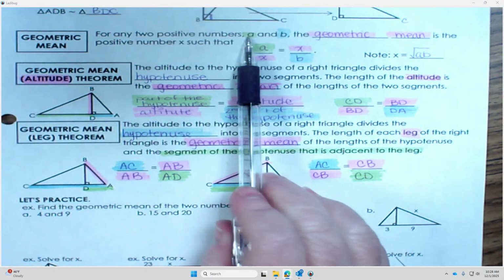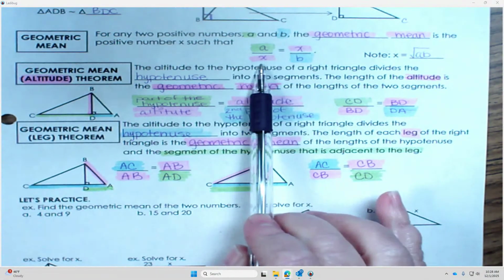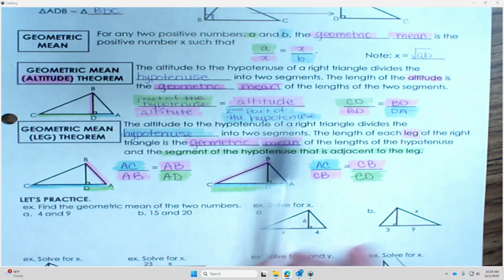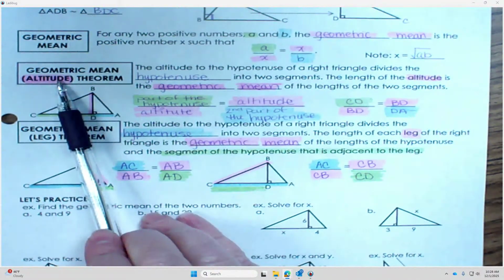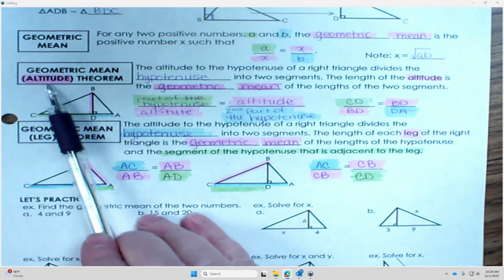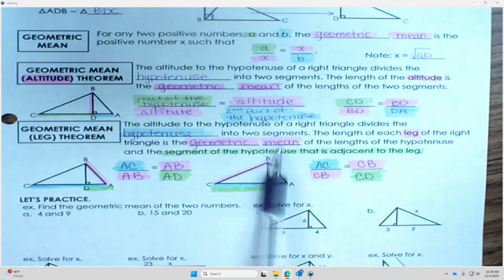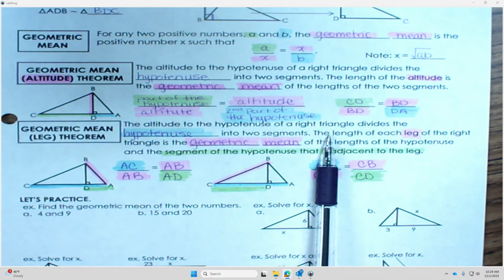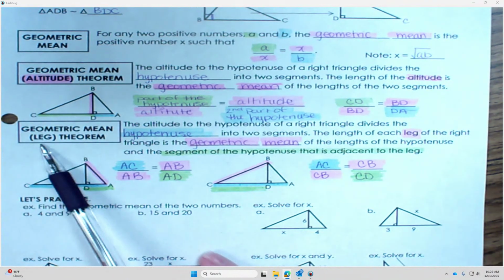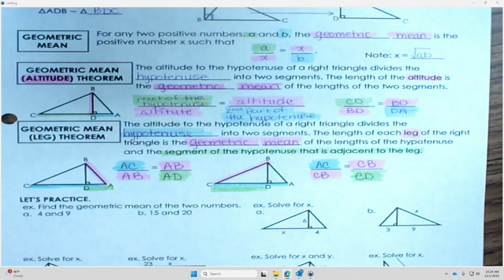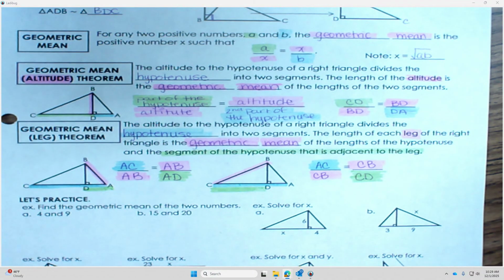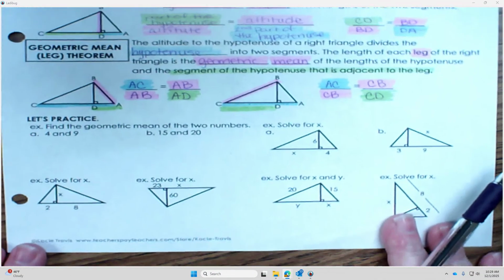We're going to be able to take two numbers and use this formula to solve for the geometric mean. We're going to be able to solve for a missing part using the geometric mean theorem with the altitude. Or we're going to be able to solve for a missing part using the geometric mean for the leg theorem. Okay, so those are the three things we should be able to do at the end of this practice. And then, like I said, you have an assignment that goes along with it.